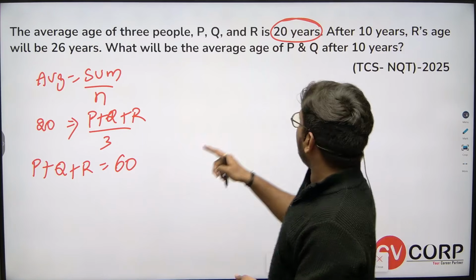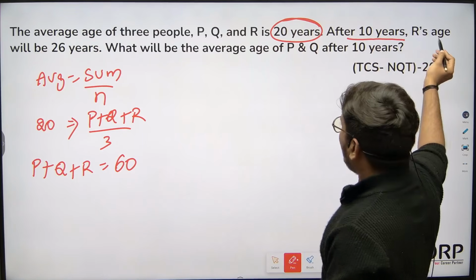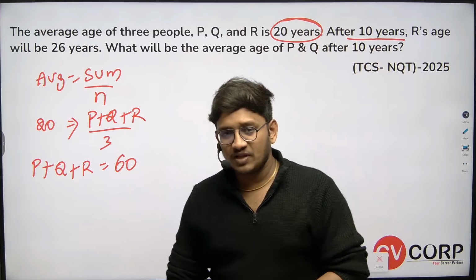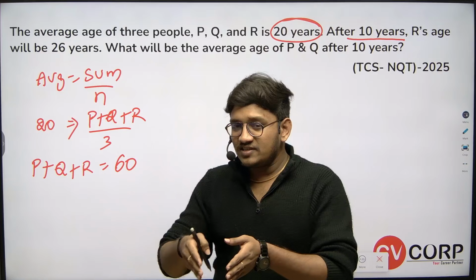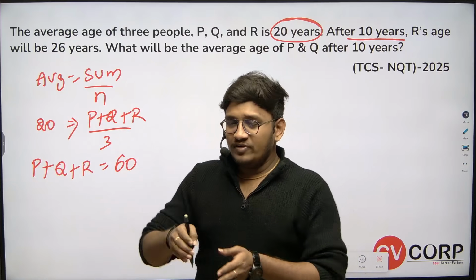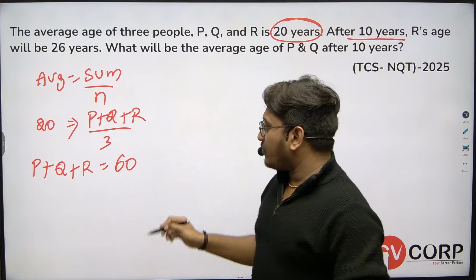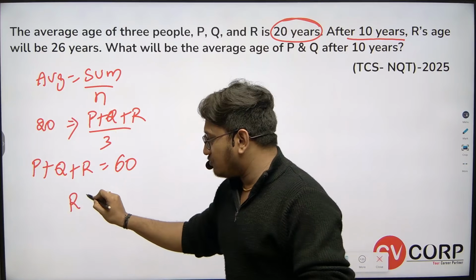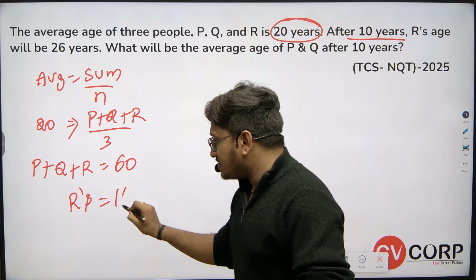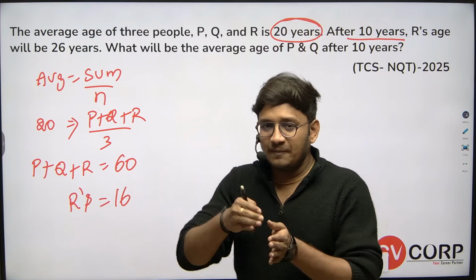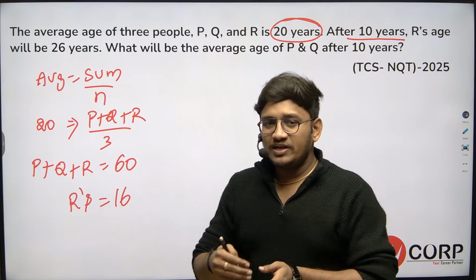Now if you observe, after 10 years, R's age will be 26 years. Means R's age is 26 years after 10 years, right? If it is 26 after 10 years, what will be R's present age? Can I say that R's present age will be 16 years, because they mention clearly that after 10 years it will be 26 years.